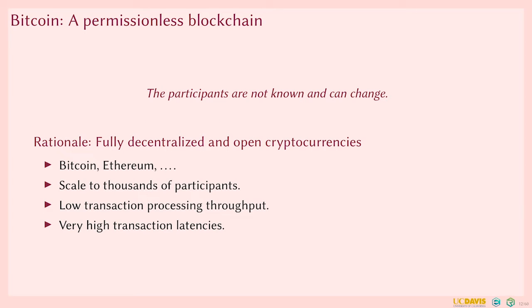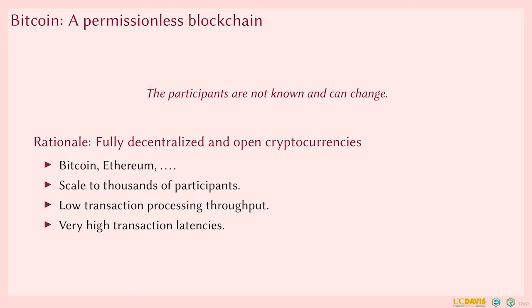Well, like I said, initially our work is about permissioned blockchains, but Bitcoin is typically classified as a permissionless blockchain. Permissionless systems are systems in which the participants are not known, because you don't need permission to participate, and they can change at all times. For Bitcoin, this is because they want to support a decentralized and open cryptocurrency that can be maintained by anyone that wants to participate.